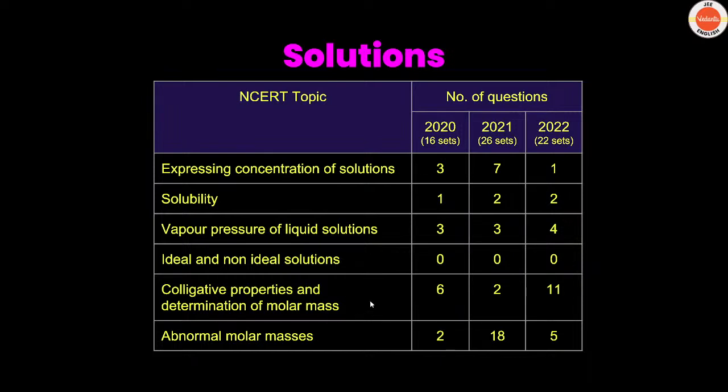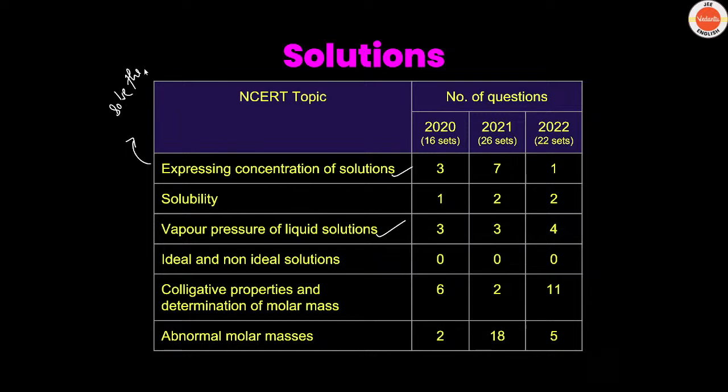So basically, the chapter is actually very easy. It's not that difficult, and we also know from which topics the questions majorly come: vapor pressure of liquid solutions and solubility. Expressing concentration of solution is very important because you need it to solve the numericals.